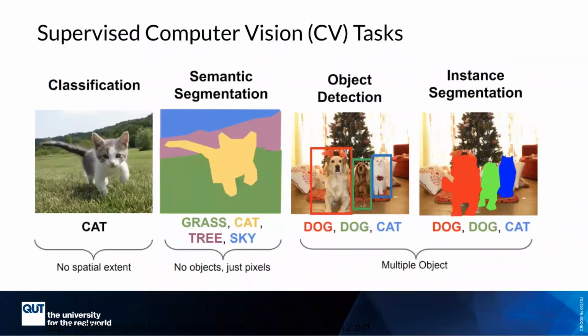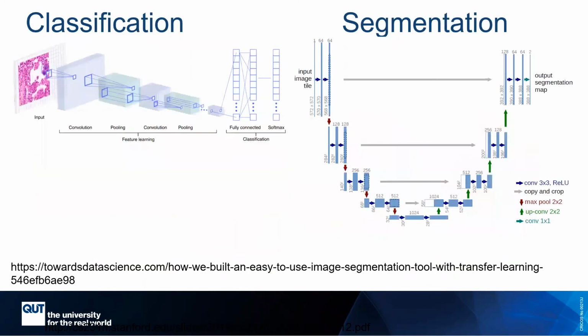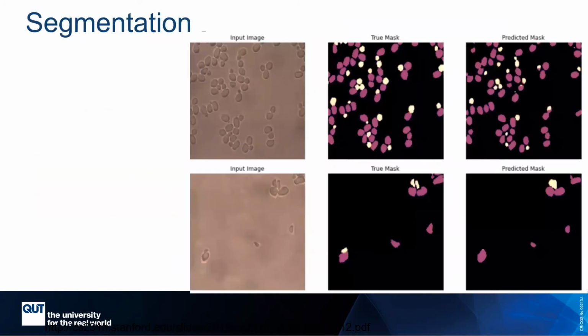Transfer learning is able to deal with any type of these. You can use transfer learning in classification or even segmentation, detection, and so on. Once we learn the features, we are able to use them, whether it's classification or segmentation, any type of medical application.